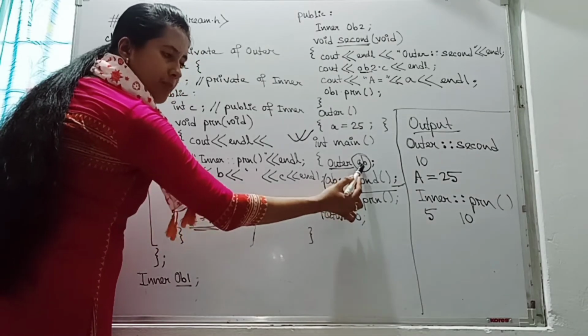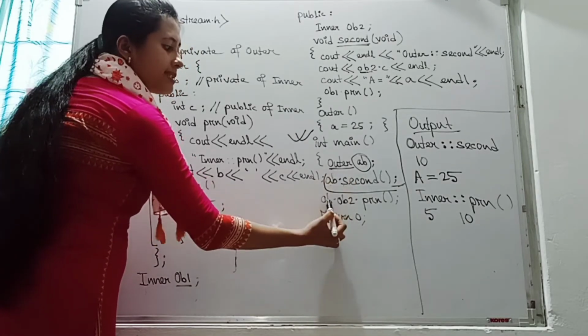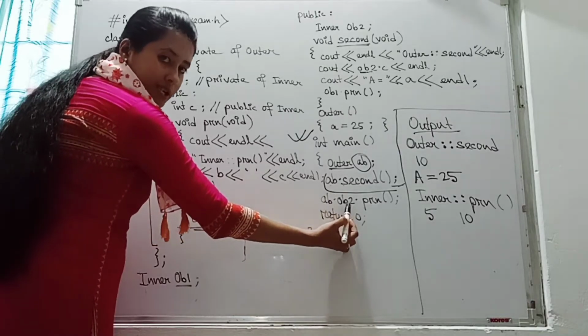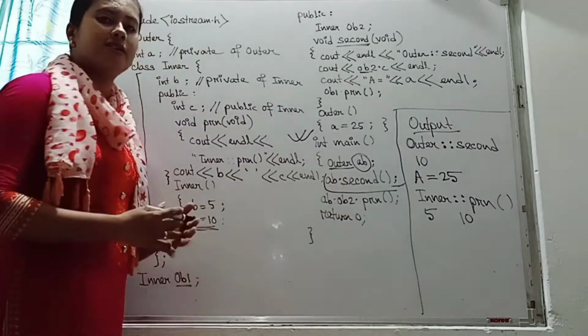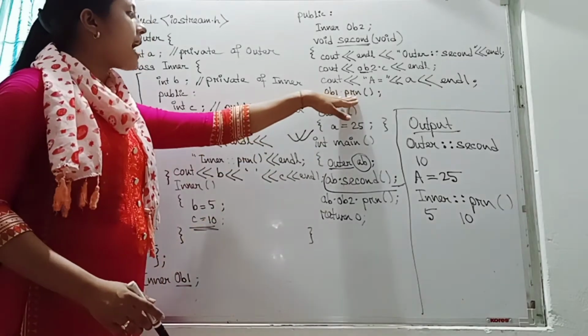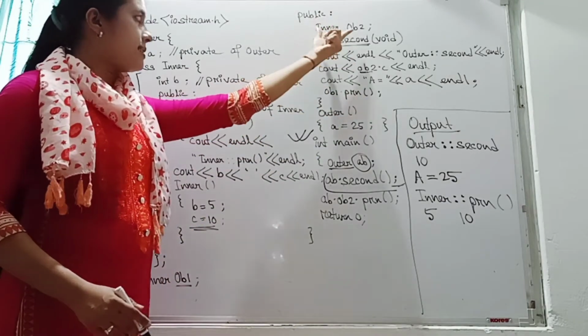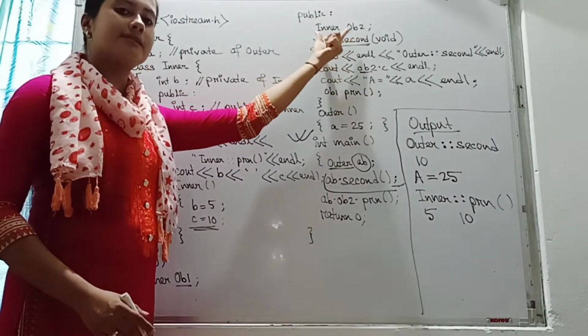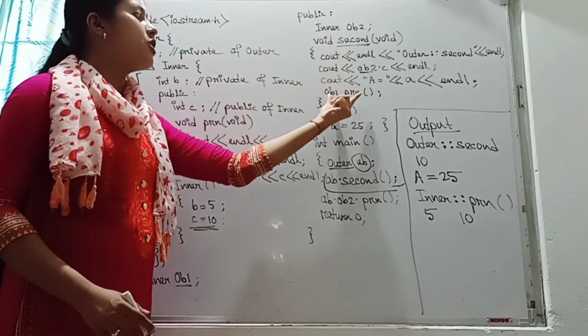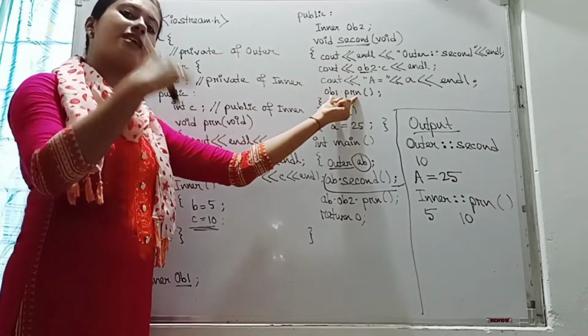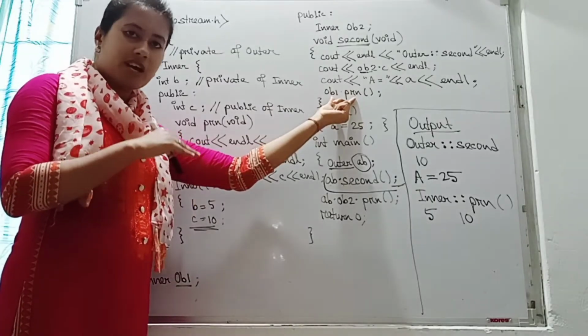AB is the name of the object of the outer class, then the inner class object, then we have to write the function. Okay, you can either write like this, inside the outer class's method or function we have written the object, and then we have accessed the function of the inner class.